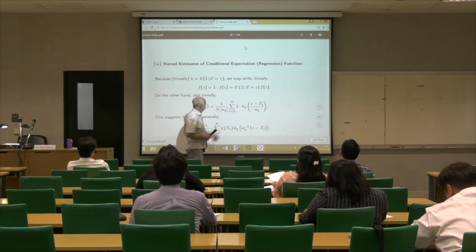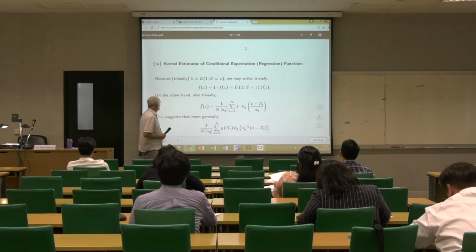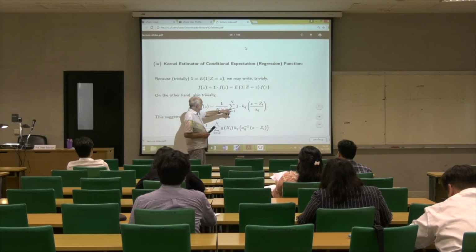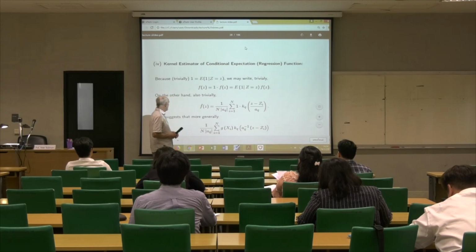So we can write this formally. So you could regard, therefore, f hat of z as, if you like, we just put a 1 in there, and that doesn't change things. We don't need to put the 1 in.